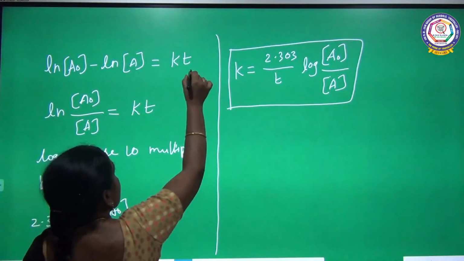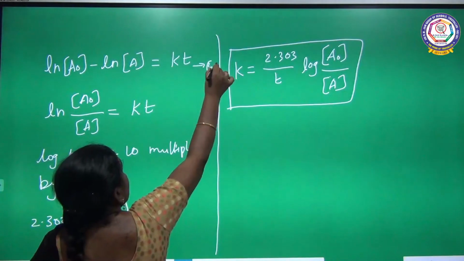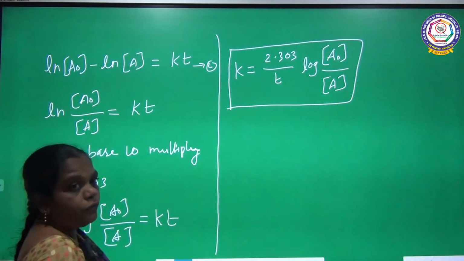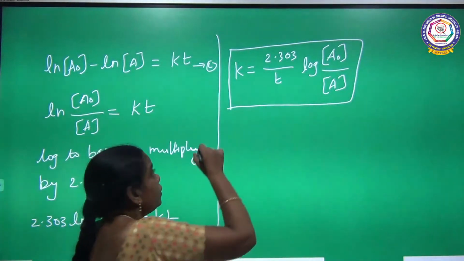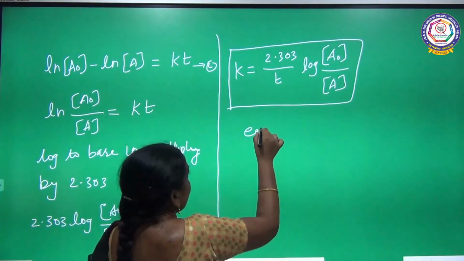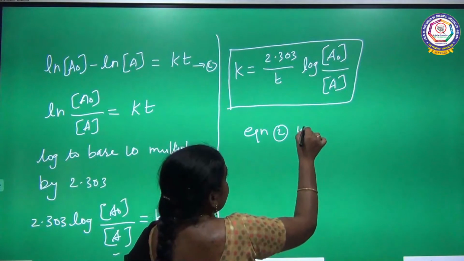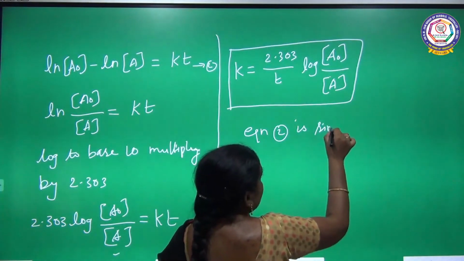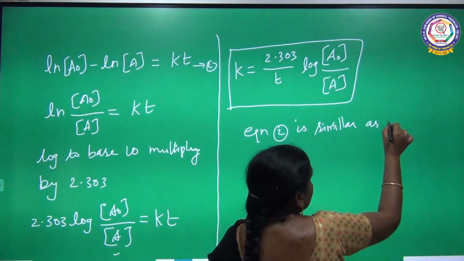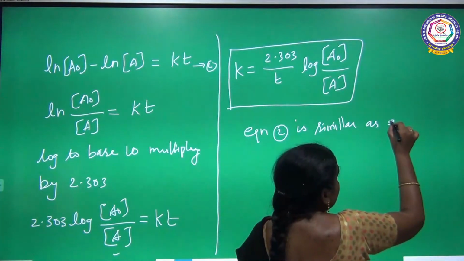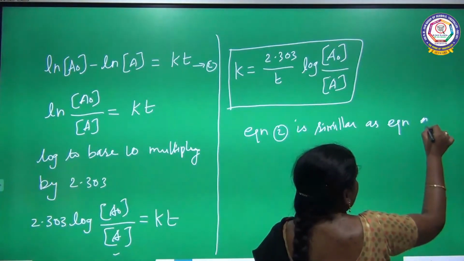Now you take this equation 2, which is similar to the equation of a straight line.